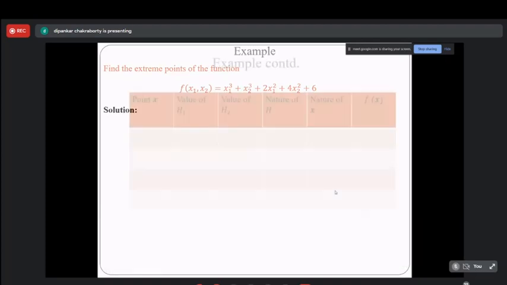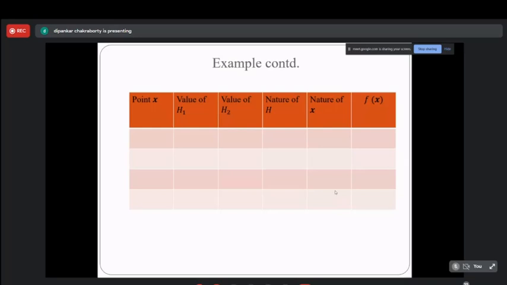This is a table to make it clearer what the nature of the point X is. First consider the point (0, 0). What was H1? 6x1 plus 4. So the value of H1 at this point is 4.